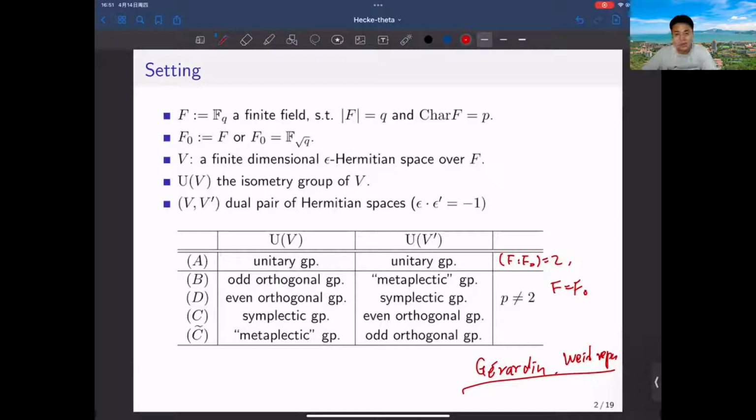For the unitary group, we do not need to assume P is not equal to 2. The same situation also holds for Srinivasan's paper on the character formula of the uniform projection of the Weil representation, and also Marie Aubert, Michel and Rouquier's paper. So in the type A case, you do not need to assume P is not equal to 2.